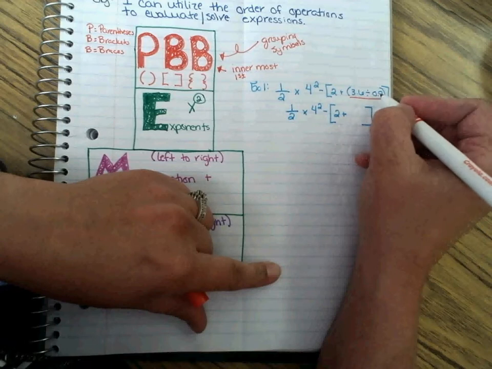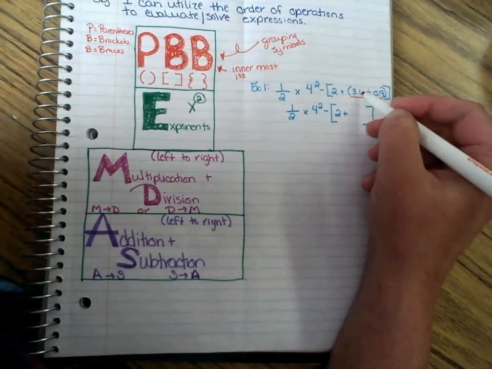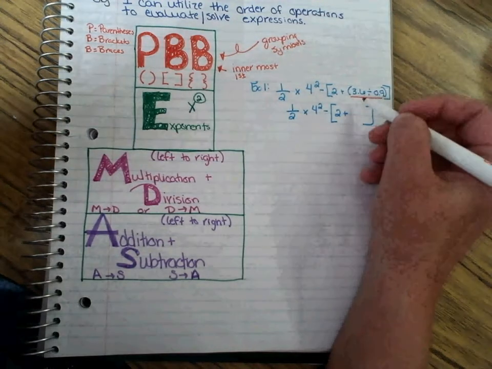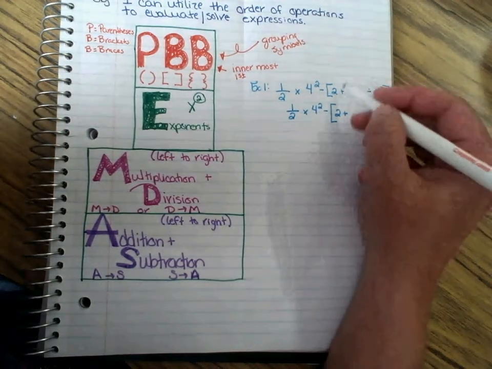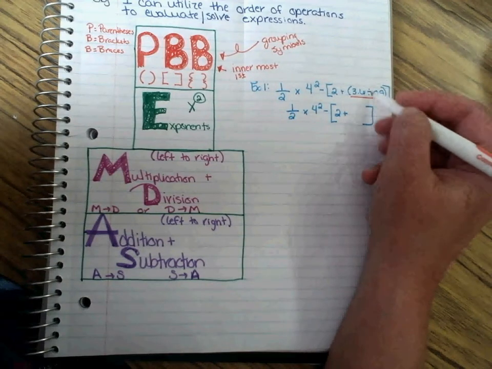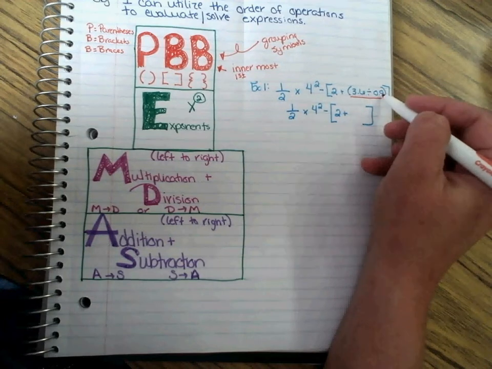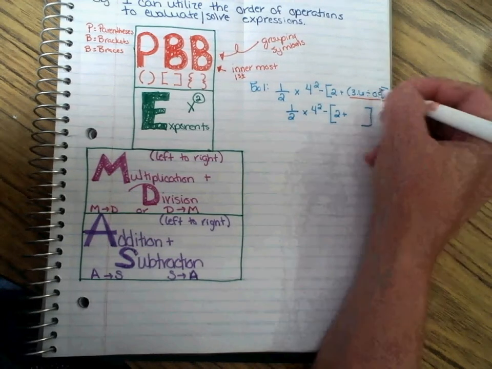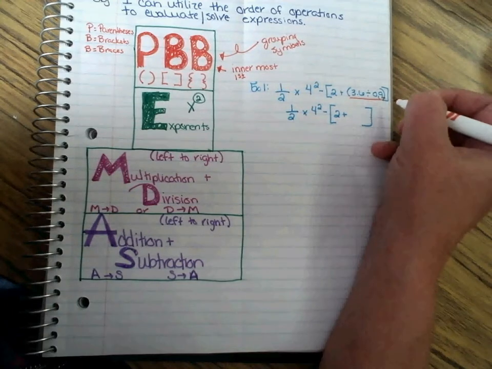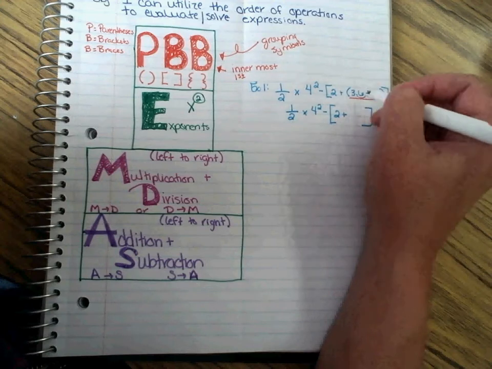So now, 3.6 divided by 0.9. I've got to apply my rules for dividing decimals, so what I'm dividing stays, and my divisor I need to make a whole number. So I'm going to move the decimal one place to the right. Whatever I do to this one, I have to do to this one.